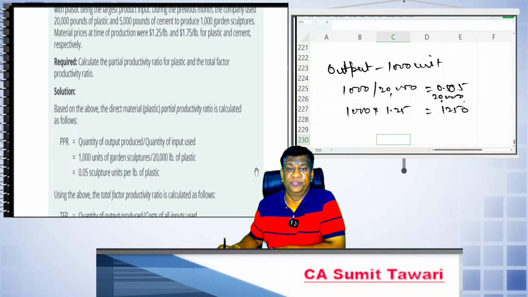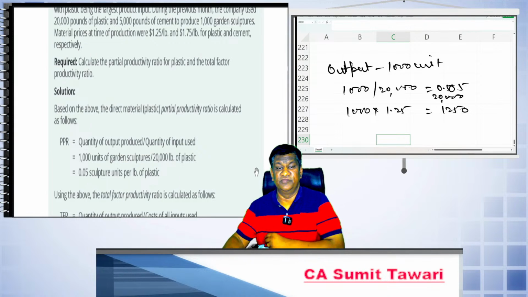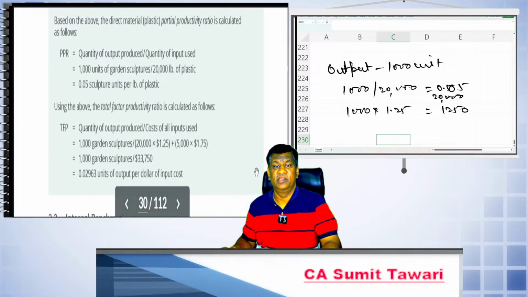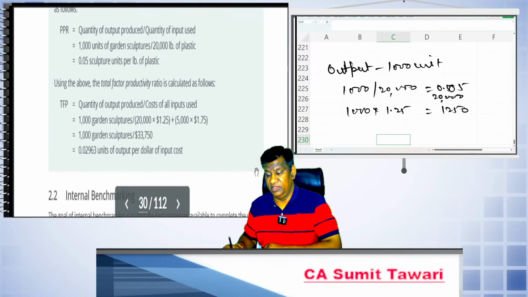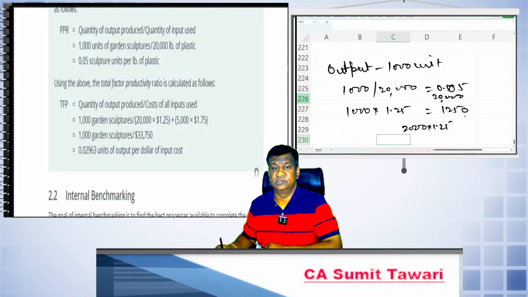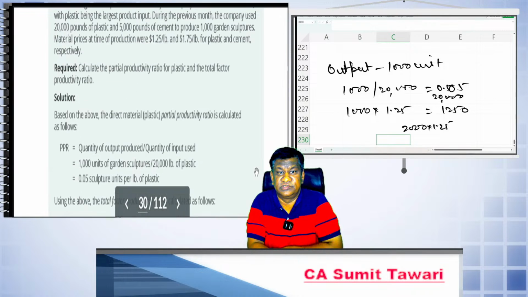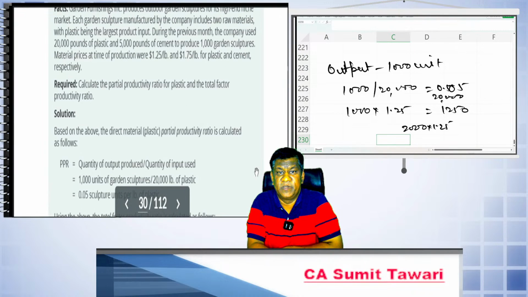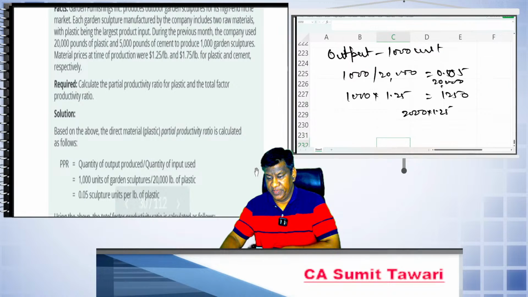Somewhere some issue. Okay, and the output and cost of all input. So it is again 1000 divided by 20,000 multiplied by 1.25, which is 5,000. Okay, 33,000. Okay, understood. This is cost. Dollar cost. Okay, sorry.